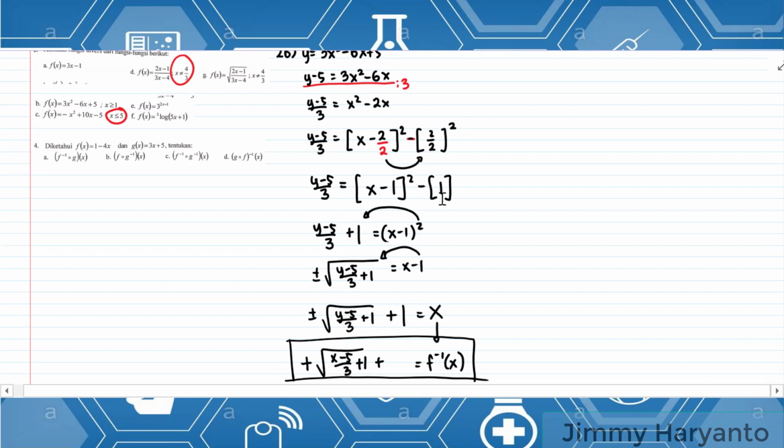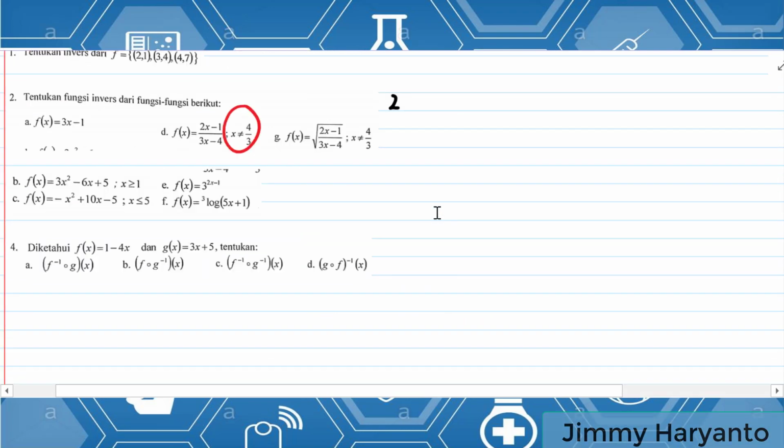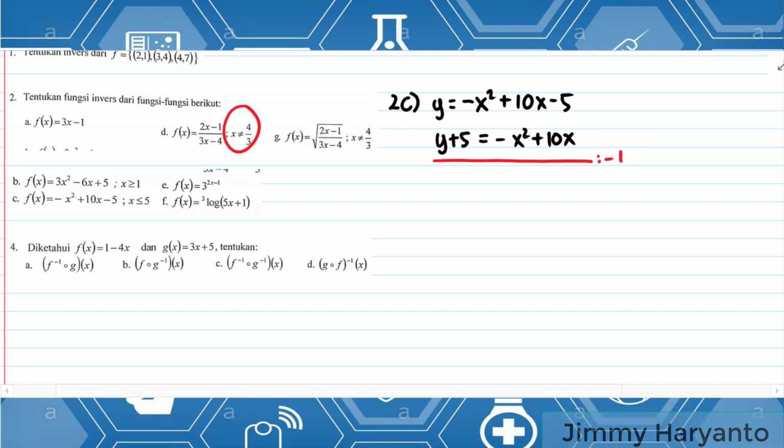Okay, for 2c, y equals to negative x square plus 10x minus 5. You can move the 5, y plus 5 equals to negative x square plus 10x, and then you can divide them all by negative 1 to make the coefficient of x square equal to 1.